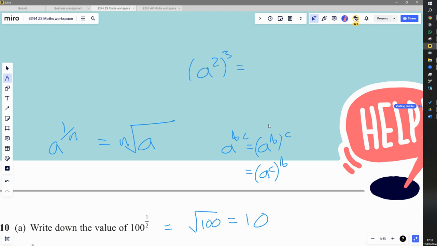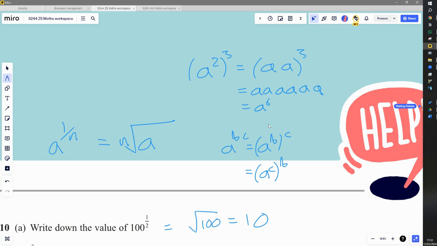Well, that would be the same as saying a times a all cubed, which is a times a multiplied by itself 3 times. So it's a times a times a times a times a times a. And as you can see, there are now 6 of those a's, which is therefore a to the power of 6. So with a little bit of playing around, imagining doing this with different numbers, you'll realize that you always just multiply these two numbers.